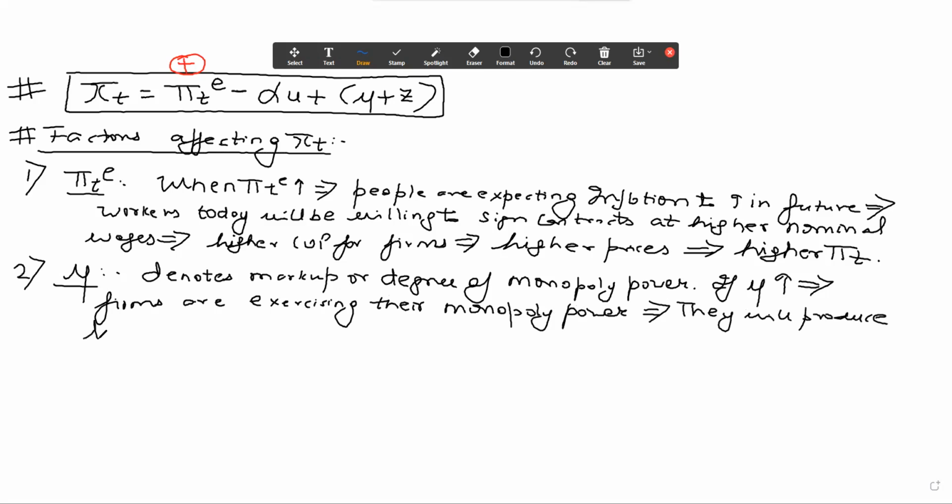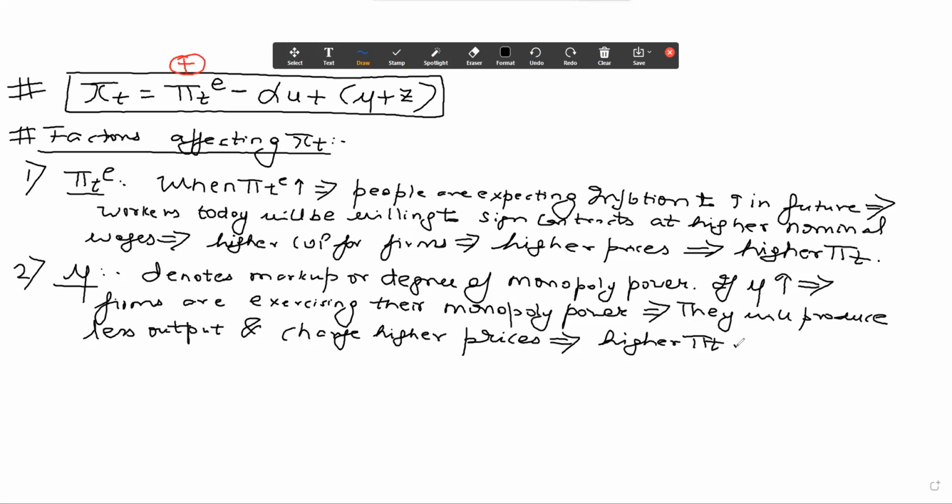They will produce less output because a monopolist produces less output and charges higher prices. And guys, higher prices would imply higher inflation. So if mu or the degree of monopoly power goes up, firms will start exercising their monopoly power. They will produce less output and charge higher prices, which will lead to high inflation. So I can say that mu and pi t also share a positive relationship.